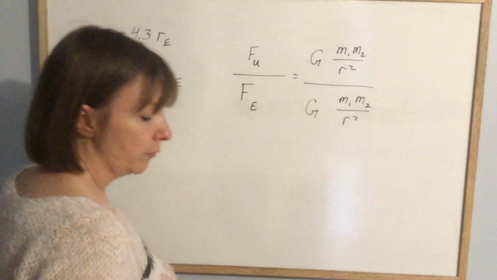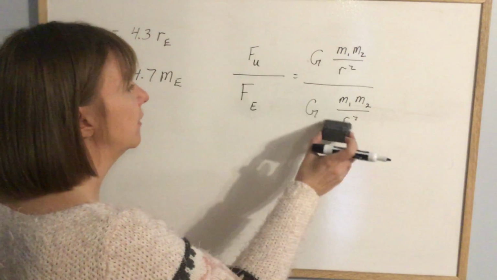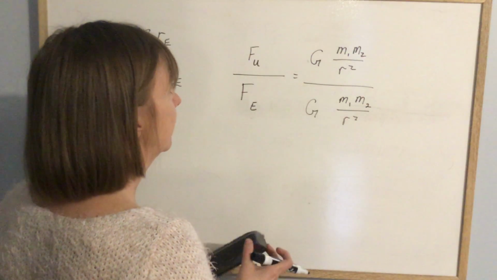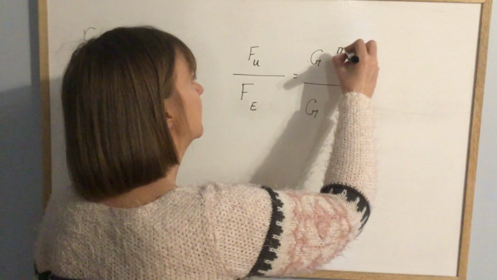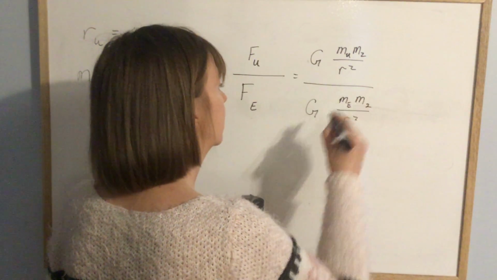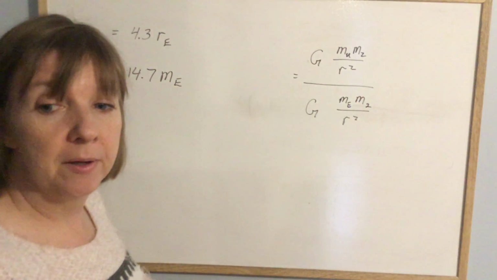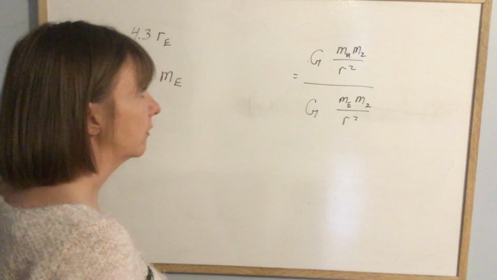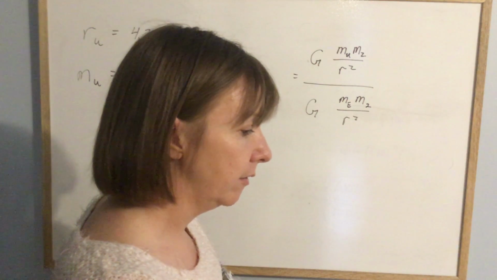So ignoring this for a second, because this is equal to this. These two things are making the same statement. This is talking about Uranus, and this is talking about Earth. I'm actually dividing these two things.